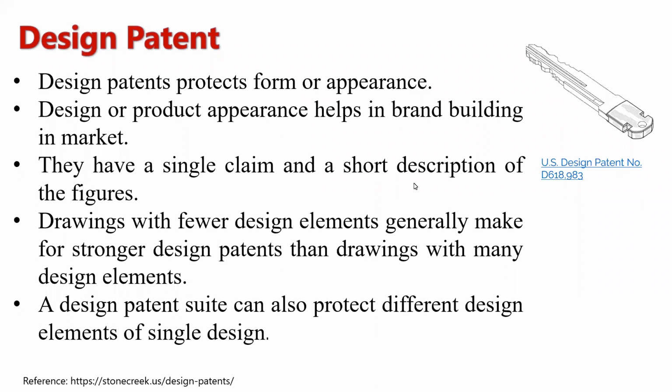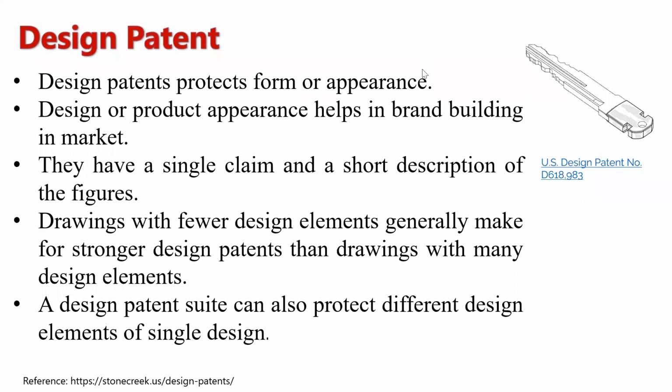Like I'm showing one example here. This is a key. In this key appearance, you see here, it has two parts. This is the head of the key and this is the body of the key.